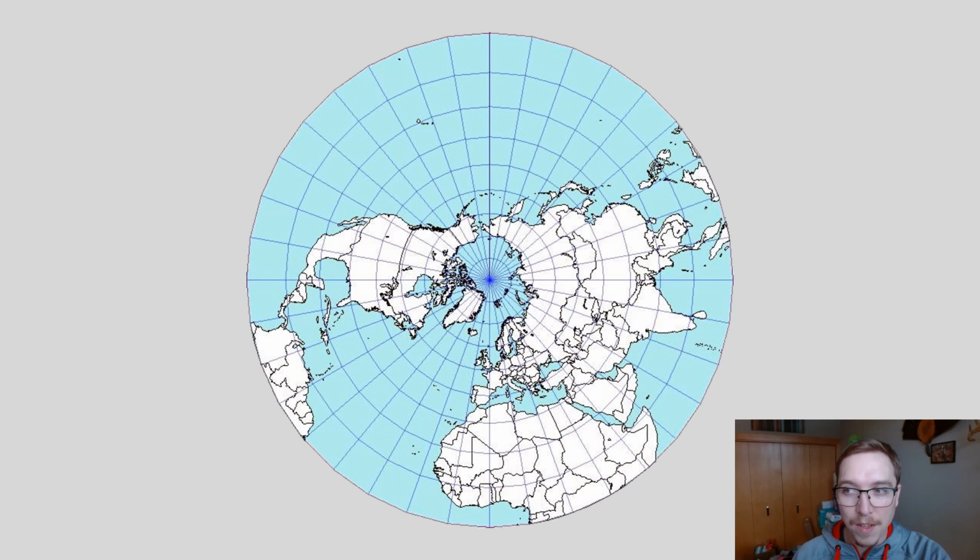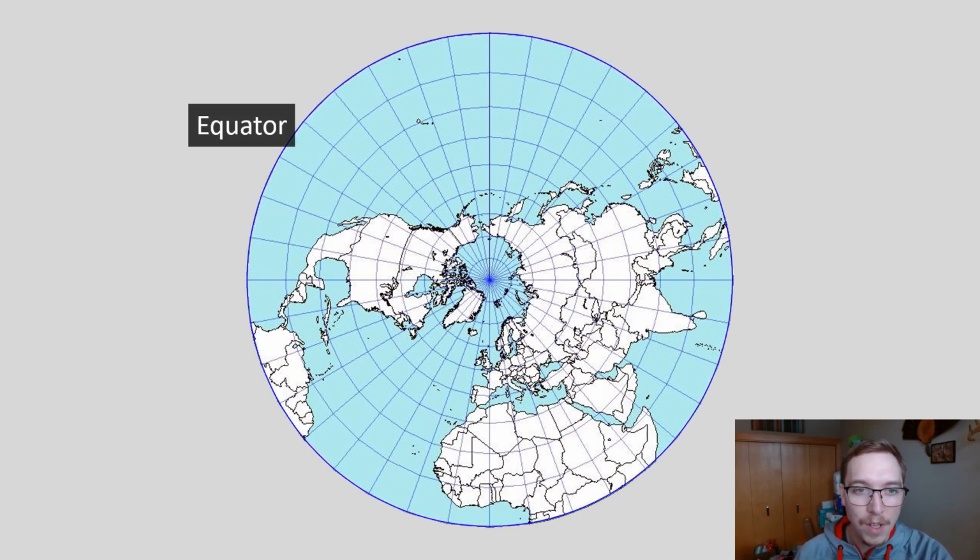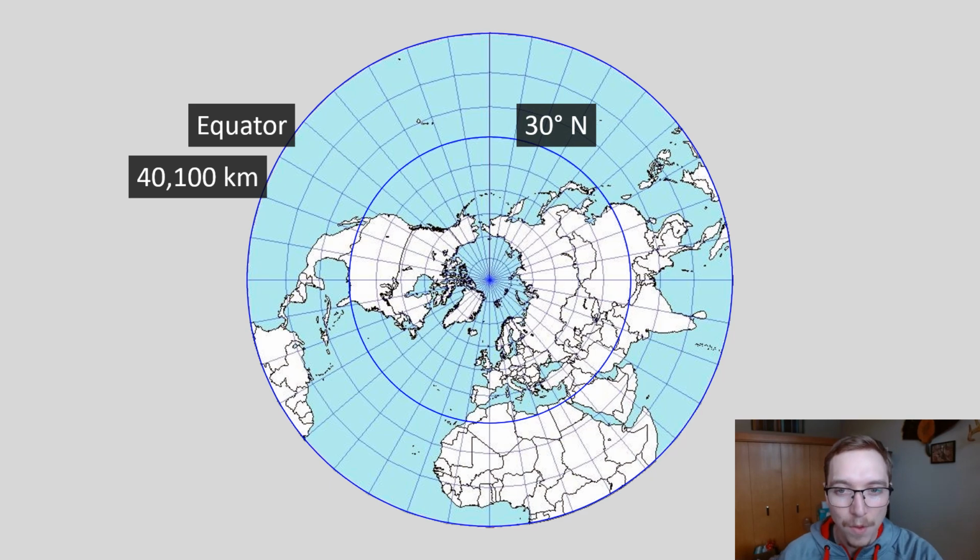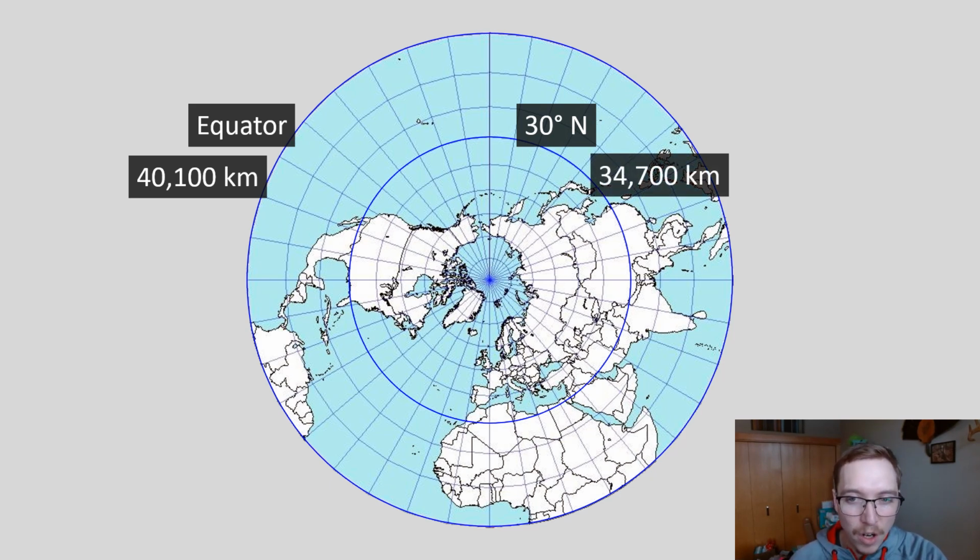So here in this example, we can see our equator outlined in blue, roughly about 40,100 kilometers in circumference. We have 30 degrees north latitude in this example, since we're looking straight down from the North Pole, roughly about 34,700 kilometers in circumference.